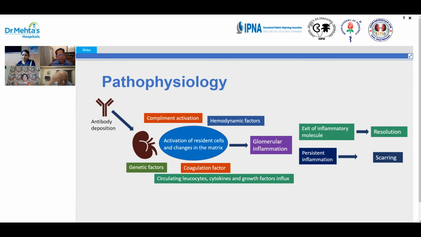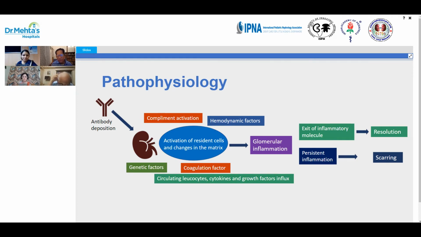Associated with this, there is activation of complement, genetic factors, and hemodynamic factors. When pressure rises, there are changes in the glomerular capillary, and there is also association with coagulation factors and leukocytes. There is a tremendous amount of glomerular inflammation, and as a result of inflammation, the whole picture happens.